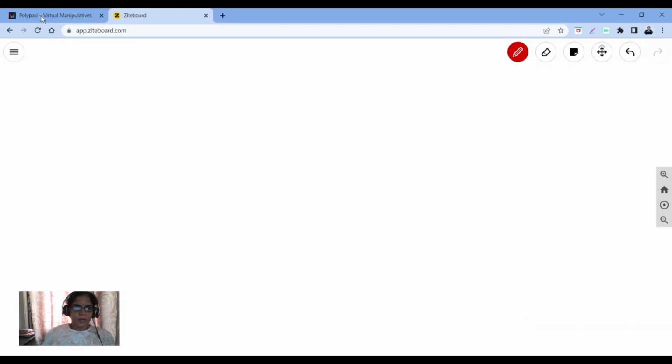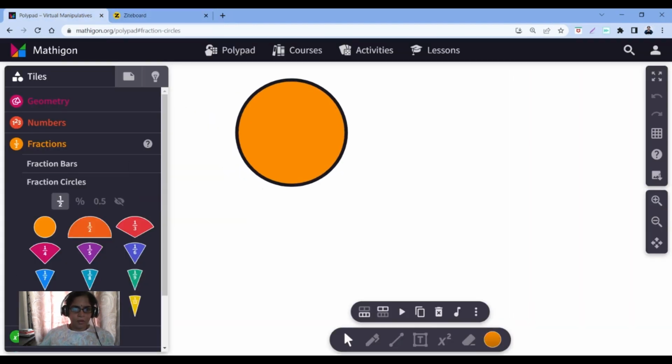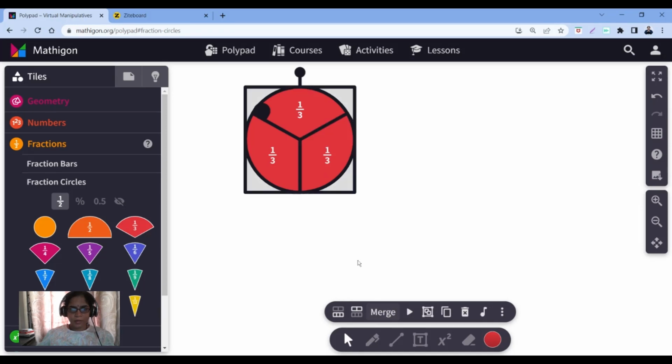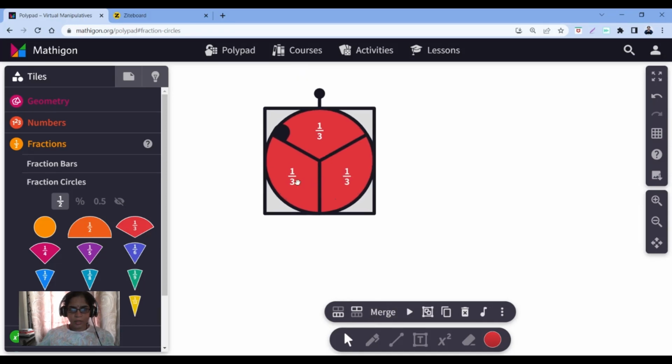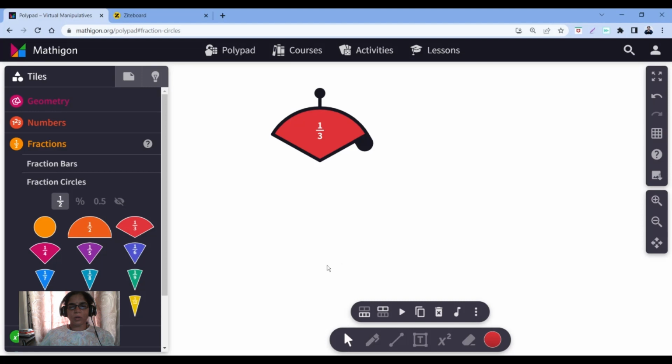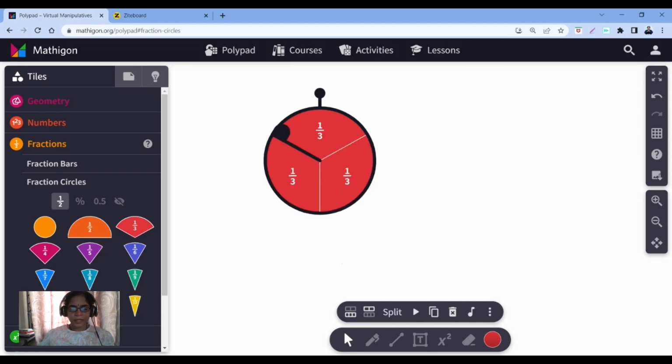If I have a whole and cut it into three parts, then the one part I take becomes one third. First I make one complete whole into three parts, and then I take one.